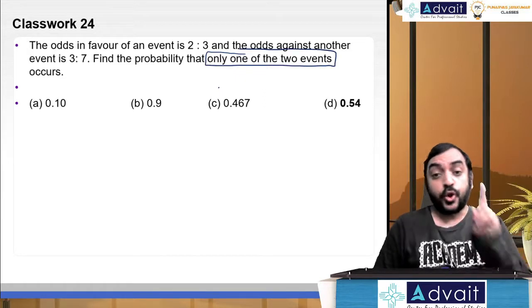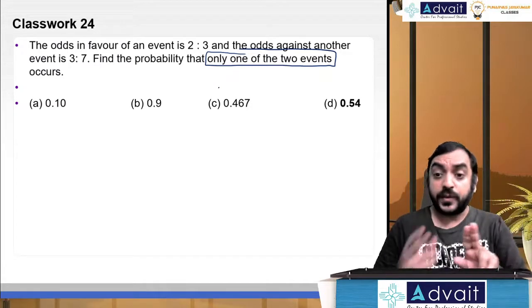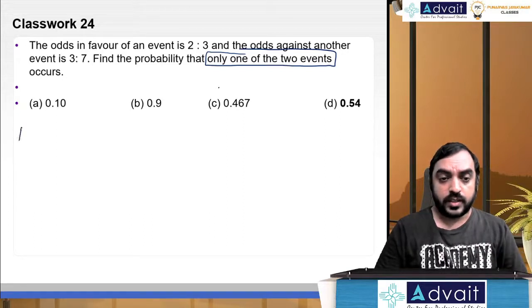This is interesting. Only one of the events. Which means if A happens, B should not happen. And if B happens, A should not happen. That is basically we want the probability of only one of them.